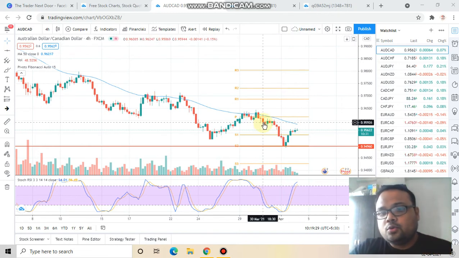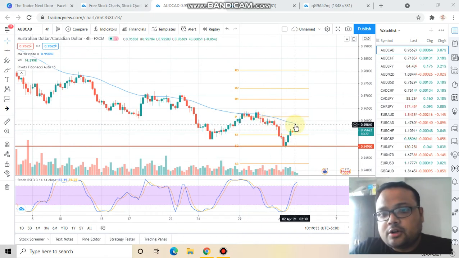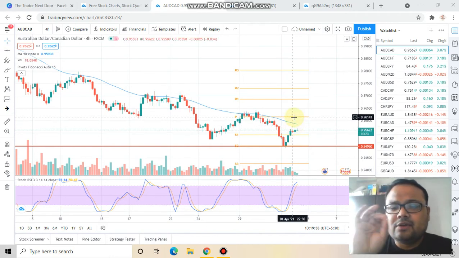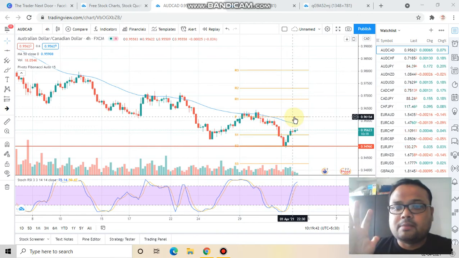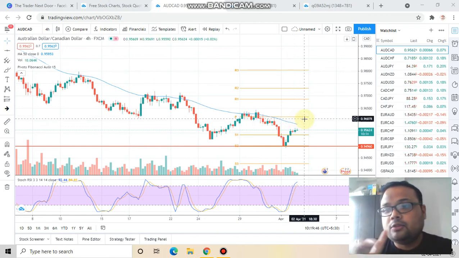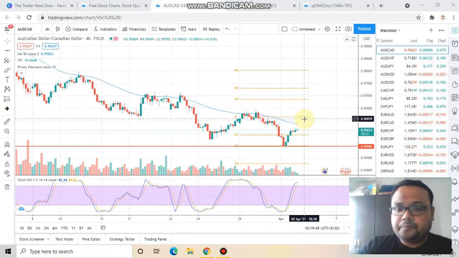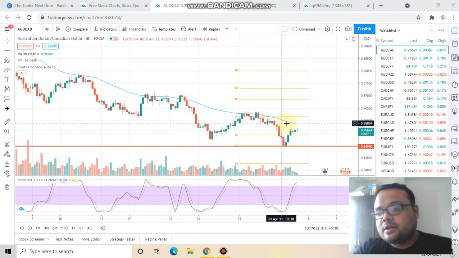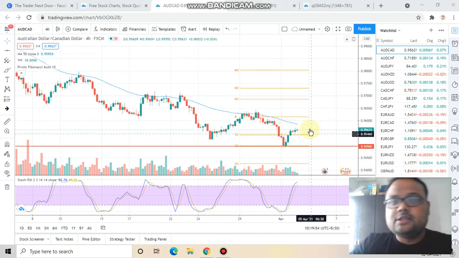For entry, you just short the market or sell AUDCAD just below the 50 moving average. Wait for some time, let it test the 50 moving average, then reverse and short the market. In case it crosses this level, then do not buy, leave it. Just wait for the confirmation to reverse, then you can easily short the market.